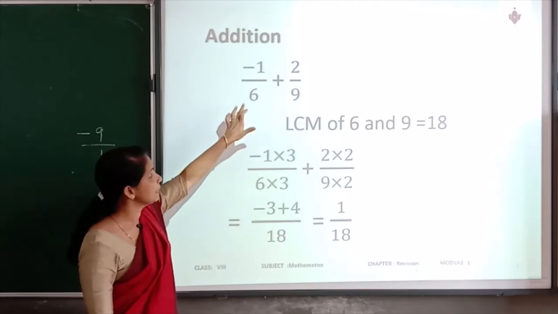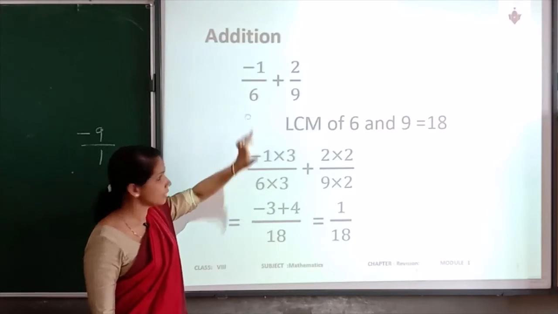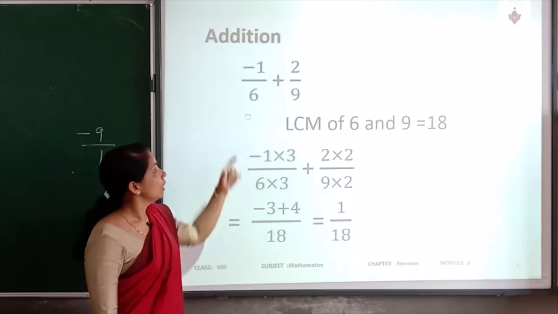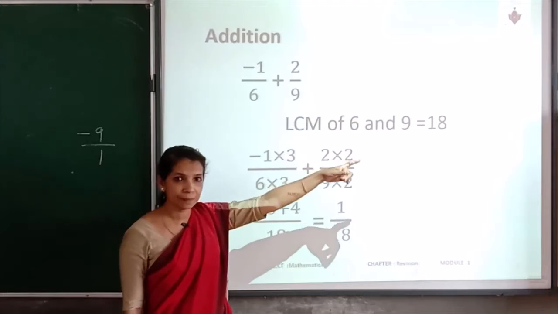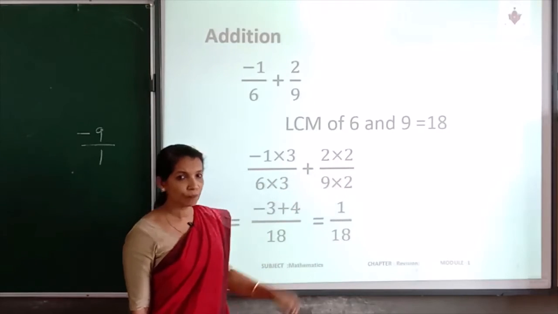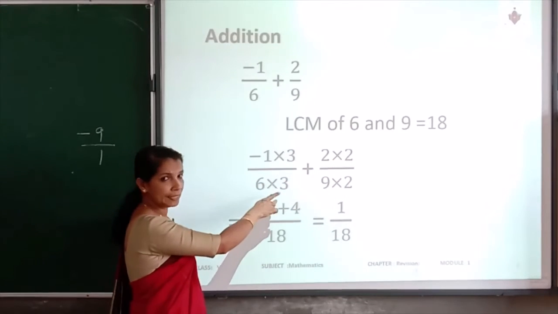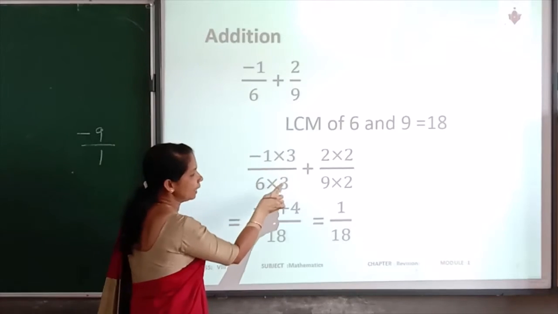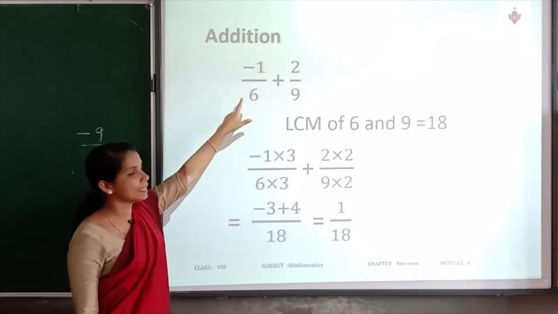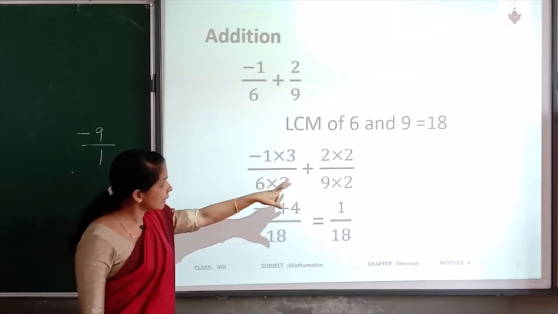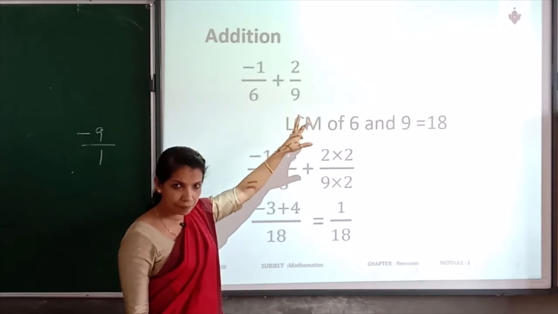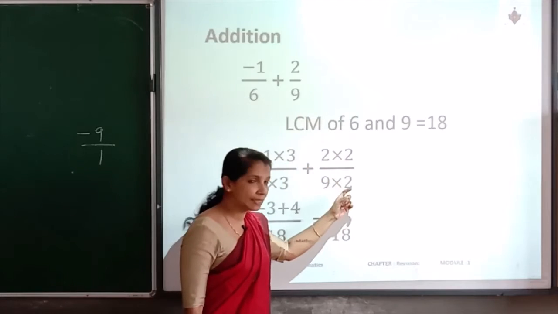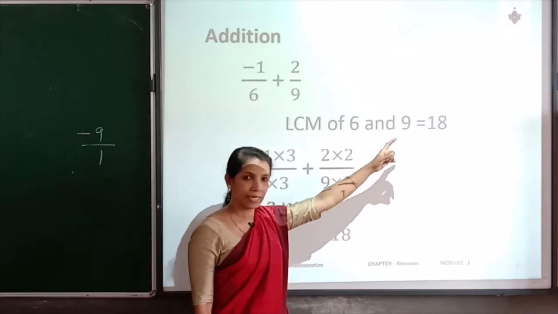So first rational number denominator is 6. 6 multiplied by which number gives 18? 3. So you have to multiply that 3 in the numerator and denominator of the first rational number. Second rational number is 2 by 9, denominator is 9. 9 multiplied with 2 gives 18.